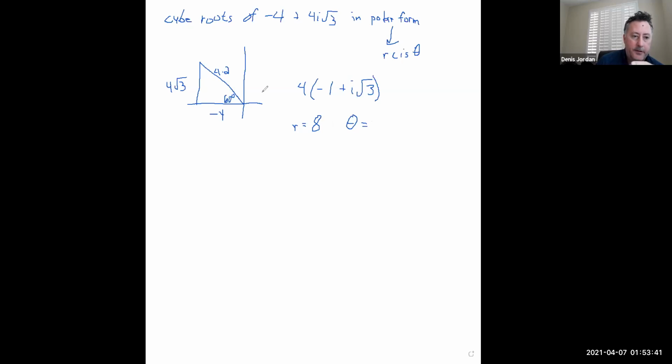And then the theta is not going to be the angle inside the triangle because you're in quadrant 2. The theta is what rotates all the way over there. If it's in quadrant 1, then yeah, it's the angle inside the triangle. But if it's not, then you have to figure out what rotates over there. So the theta is actually 120.